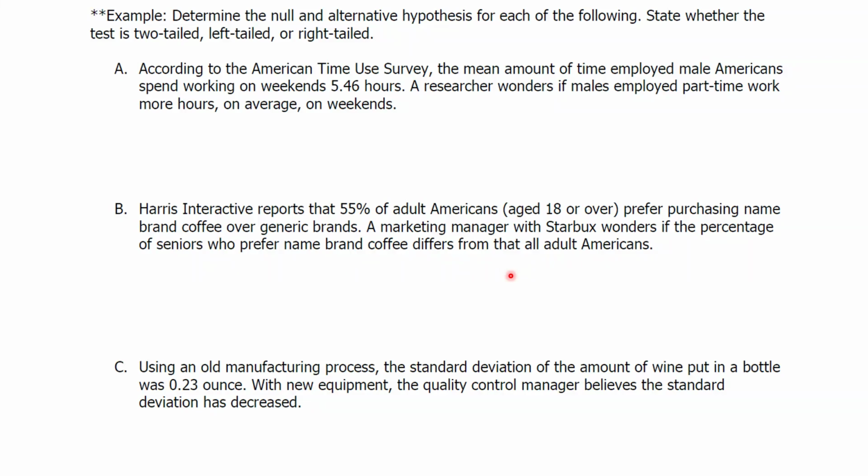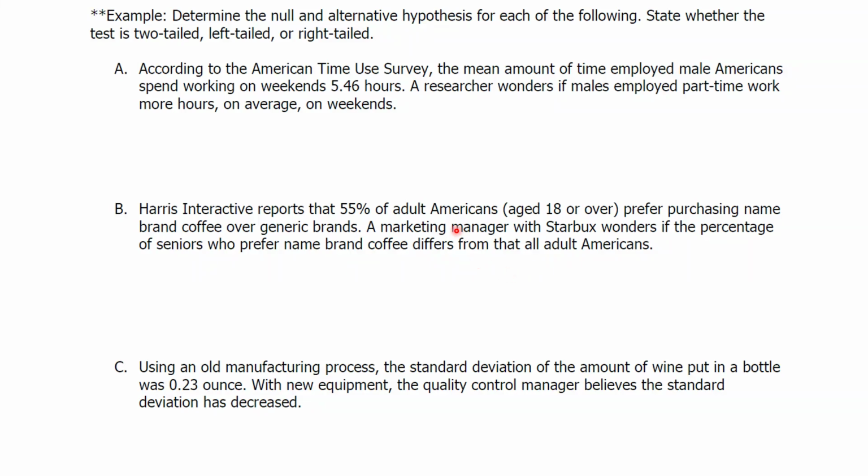So if the researcher wonders if or tests whether something is different without specifying a direction, then we can assume that it's going to be a two-tailed test. And if they believe or suspect a specific direction, like higher or lower, we can then use that direction.